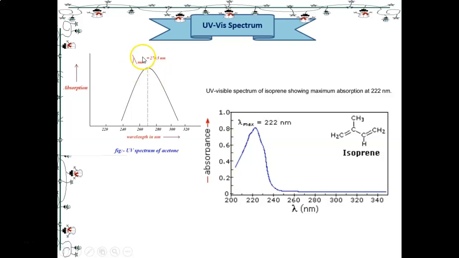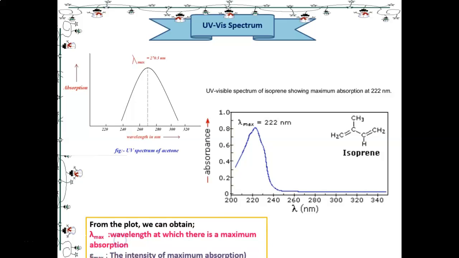We can determine the lambda max, which is the maximum absorption of the molecule, using UV-Vis. For example, the compound isoprene shows a lambda max equal to 222 nanometers. So the maximum absorption of isoprene is at 222 nanometers. It is the wavelength at which there is a maximum absorption.